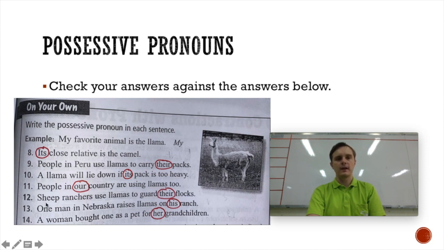Number 12, sheep ranchers use llamas to guard their flocks. Their. Number 13, one man in Nebraska raises llamas on his ranch. His. Number 14, a woman bought one as a pet for her grandchildren. Her. So give yourselves a score out of 7. I hope you all got 7 there. That was very easy. And a total out of 14.